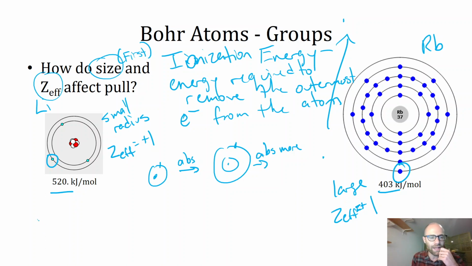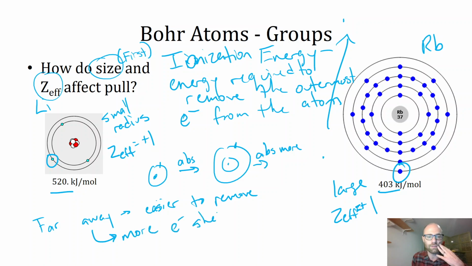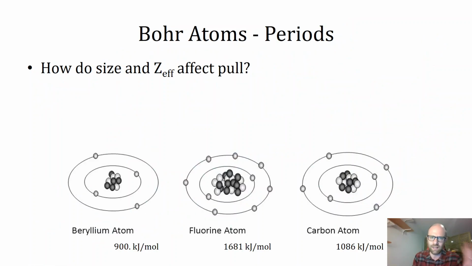The farther away the electron is, it's less energy needed to remove the electron. So we can still tie that back to, it's far away because there are more occupied energy shells. And so that makes it more space, and that's easier to remove. So in general, it seems like this is a comparison down a group. Down the group, that's a decrease, and that's why.